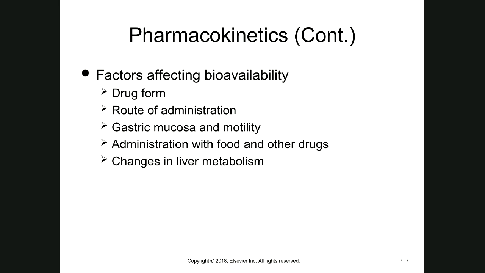Say fat-soluble medications or fat-soluble vitamins have to be taken with food or they won't metabolize. Changes in liver metabolism, say in older adults or even younger children, like we spoke of in the last chapter, will absorb their medication differently than a young adult. So keep that in mind.